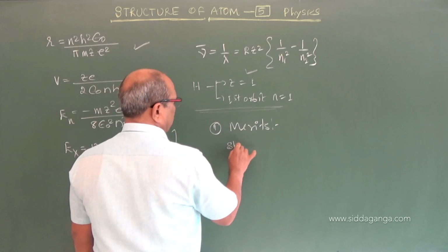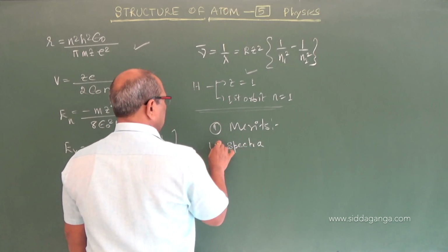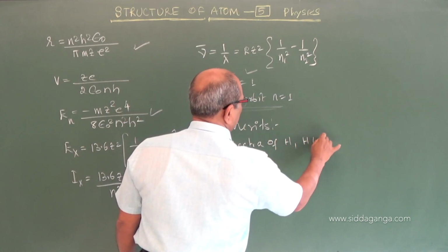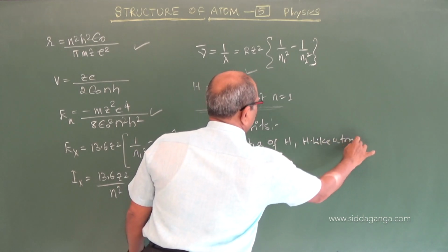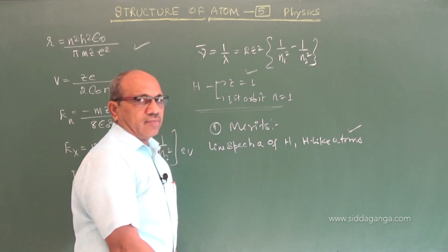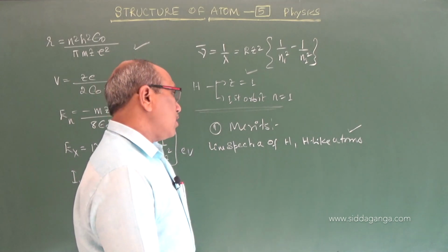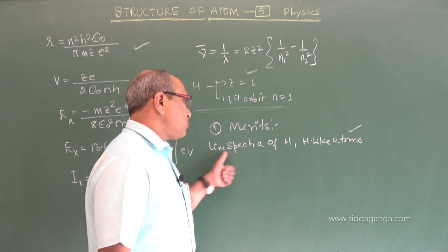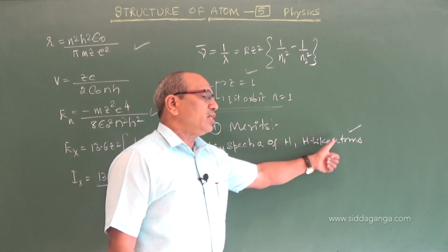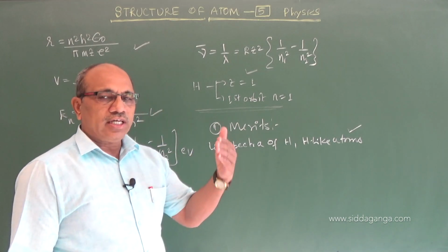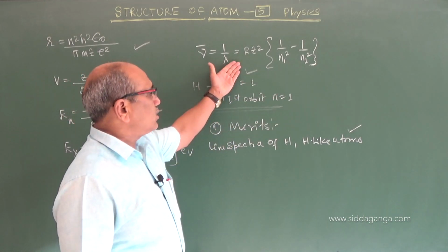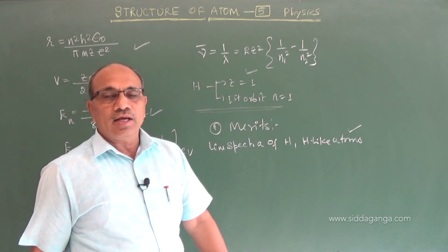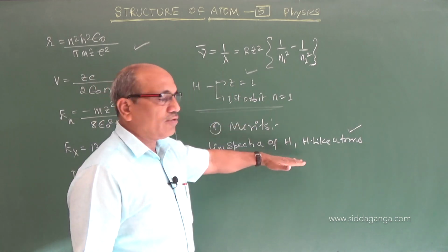The line spectra of hydrogen or hydrogen-like atoms can be explained by this theory. Bohr's theory could correctly explain the line spectra of hydrogen or hydrogen-like atoms. The experimental values and the calculations using the relation are in good agreement. The proposed theory is a good theory in explaining these.